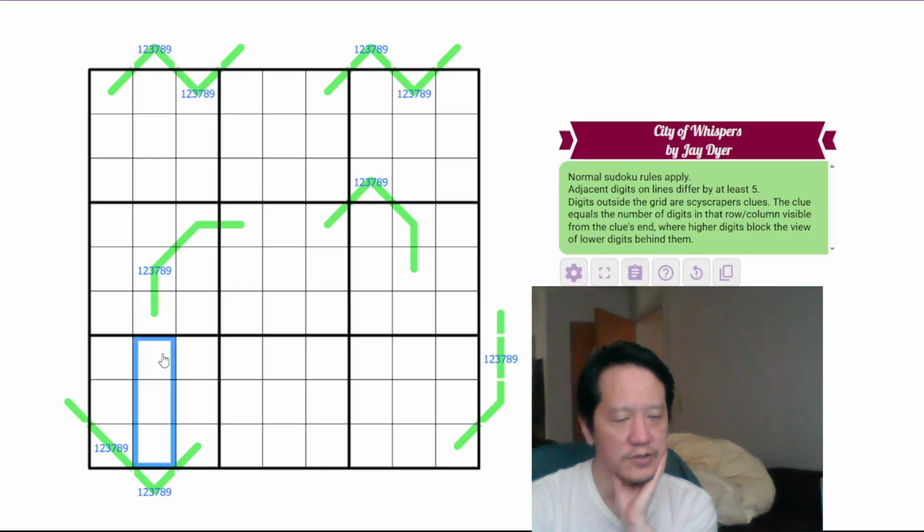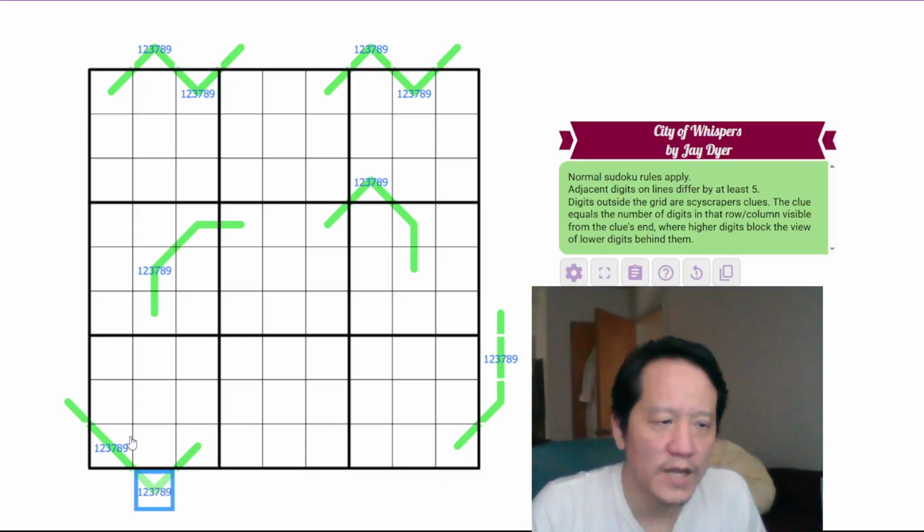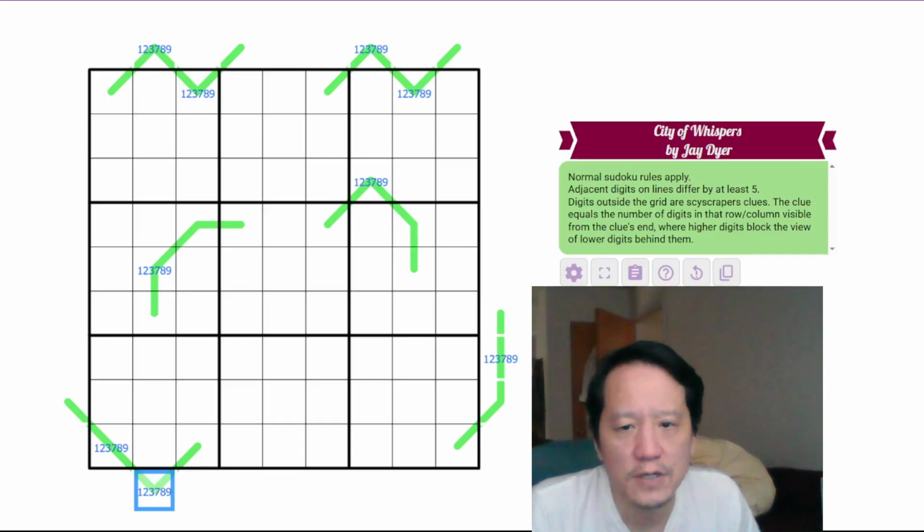So this C is going to be low. So these are opposite high-low sets. So I guess we'll mark this as yellow, and we'll mark this as pink. Therefore, these must both be pink. And this must be yellow.